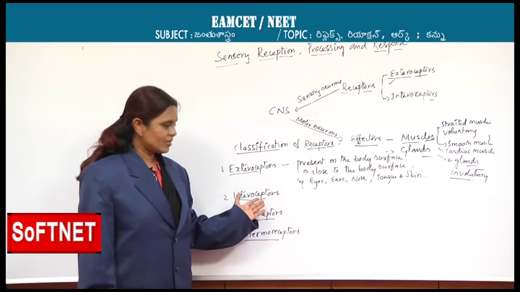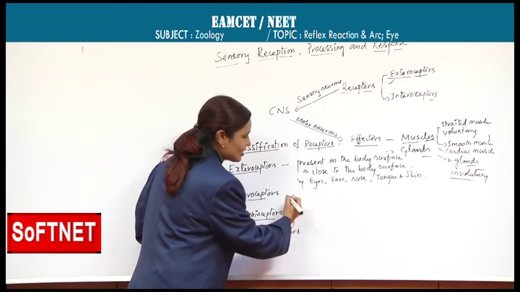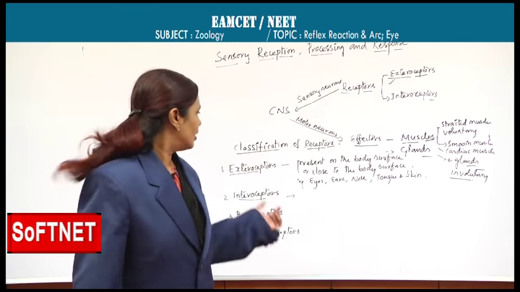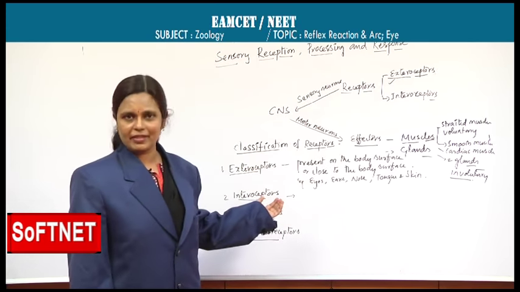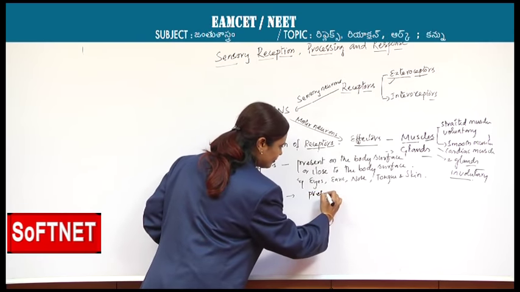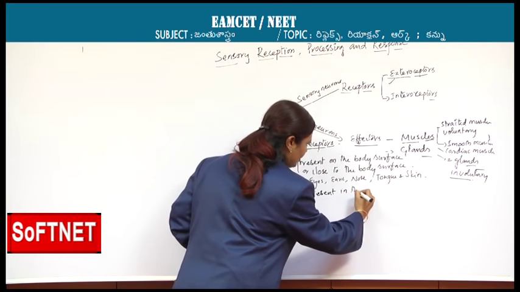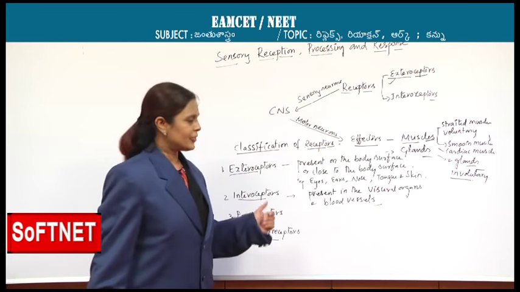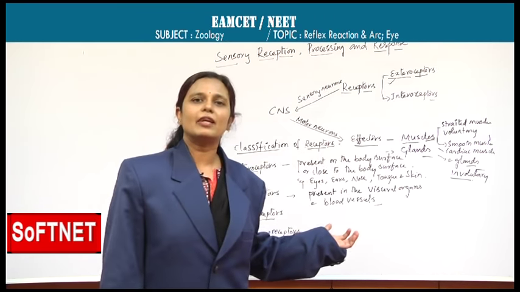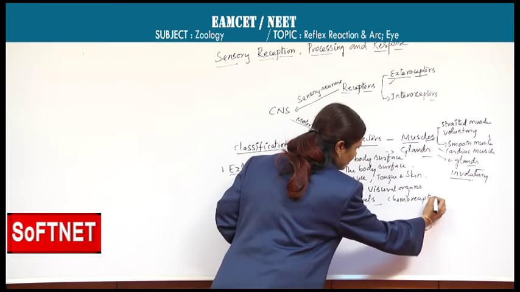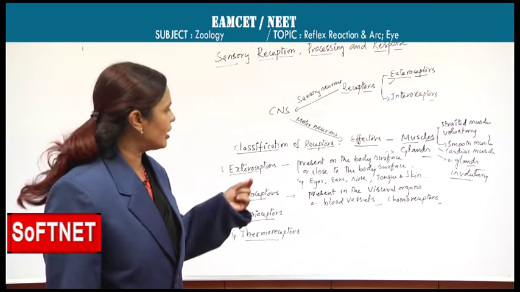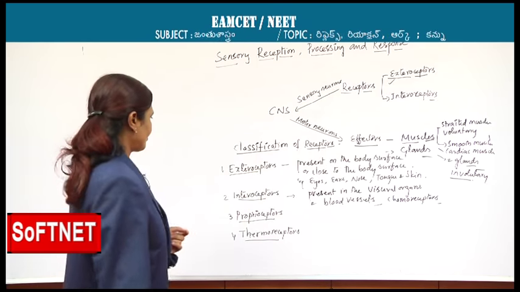Next, interoceptors, present inside our body as a part of our visceral organs and also associated with the blood vessels. Generally, these internal receptors or interoceptors are chemoreceptors, specialized in receiving changes in the chemical nature of substances.